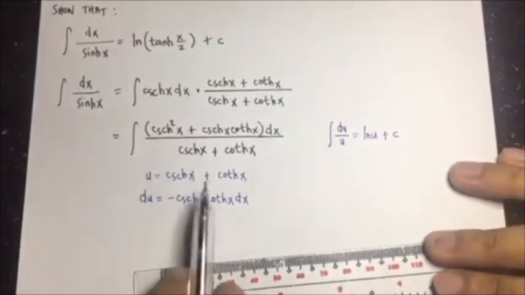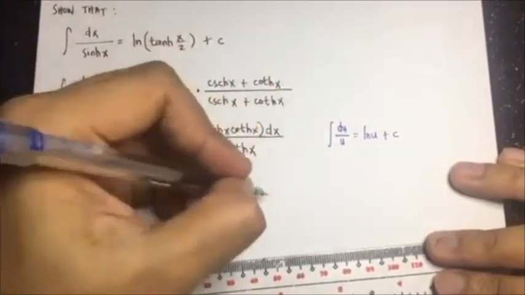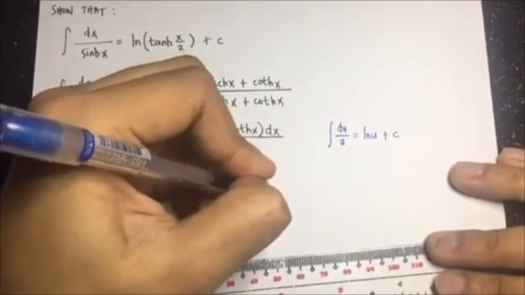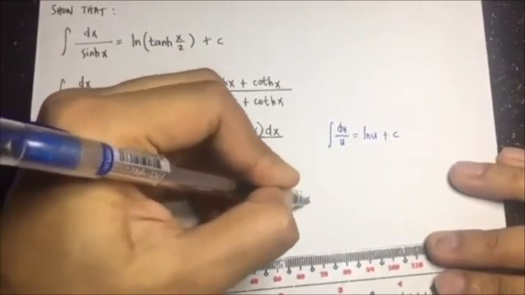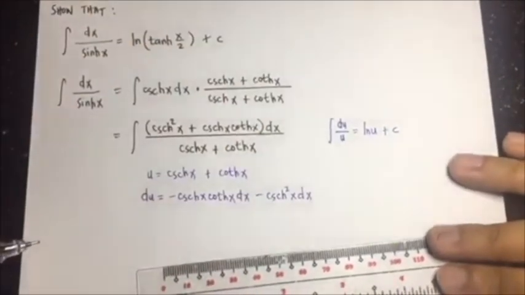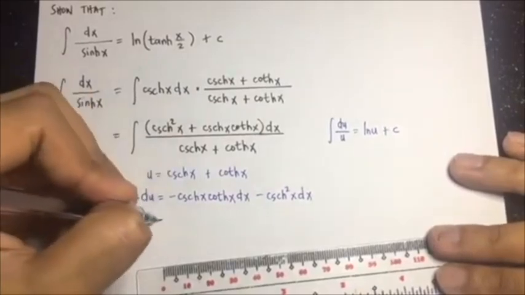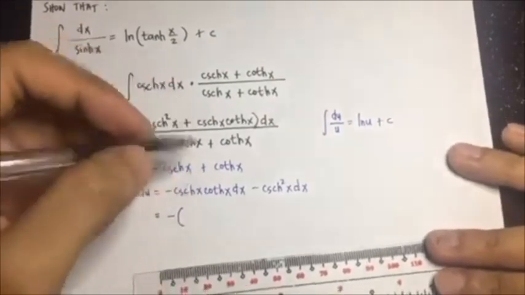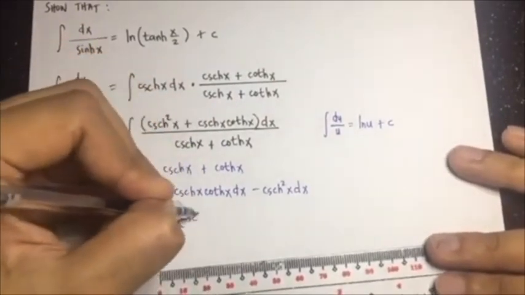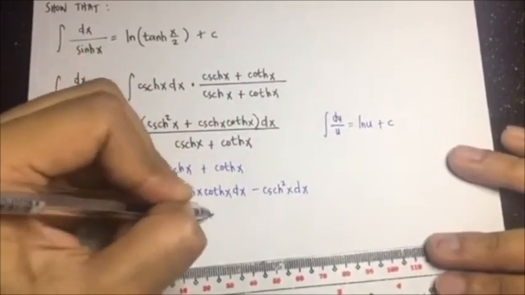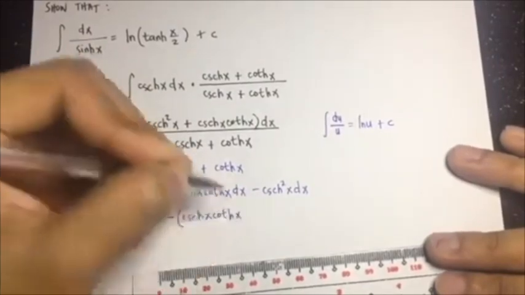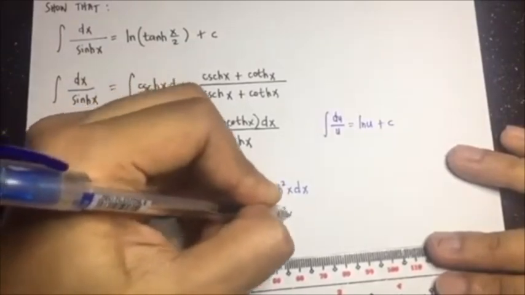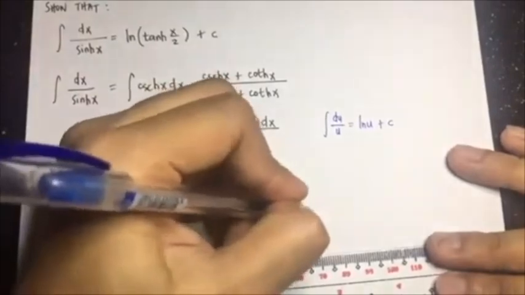And for the hyperbolic cotangent, it's minus hyperbolic cosecant squared x dx. Okay, so therefore, our du should be negative, factoring out the negative, dx is hyperbolic cosecant x hyperbolic cotangent of x plus hyperbolic cosecant squared of x dx.